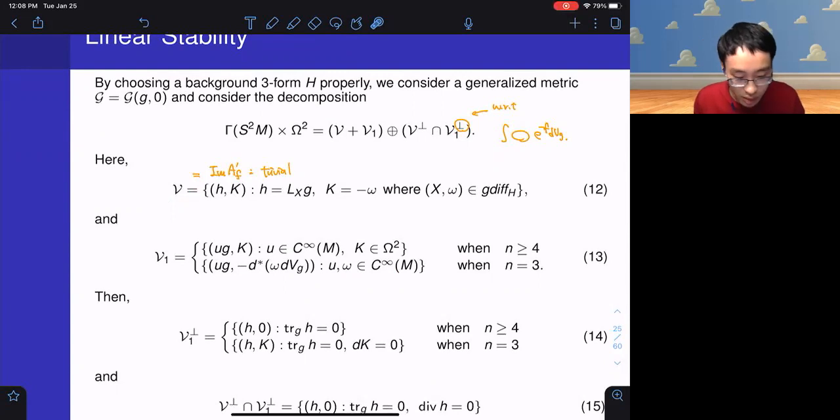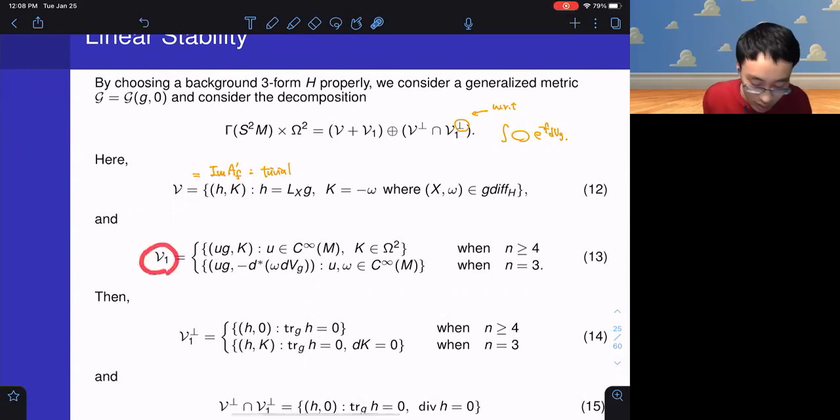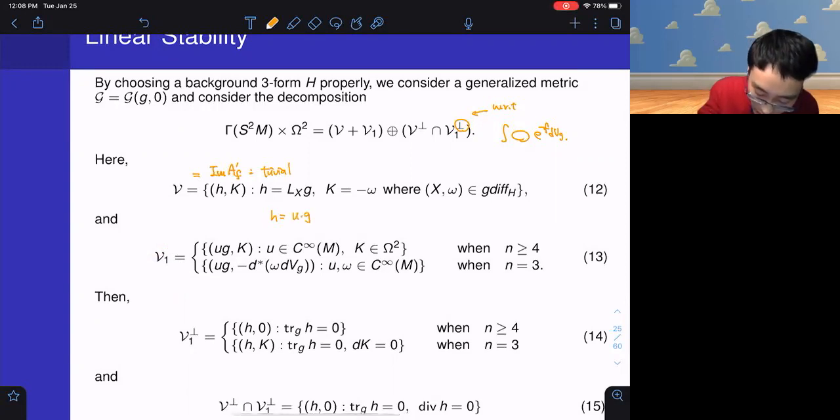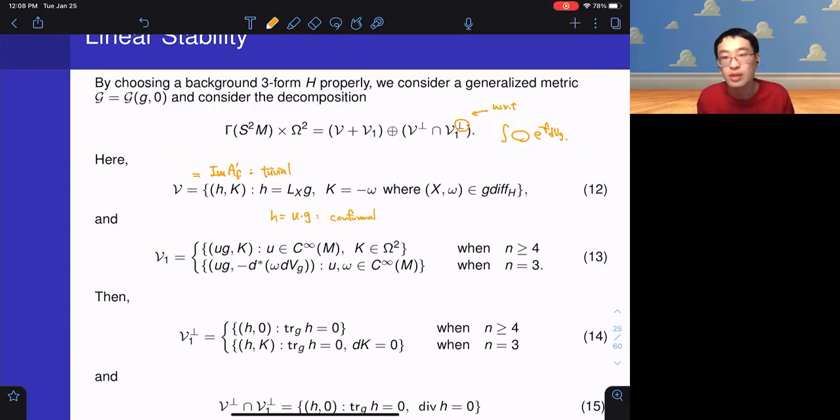To figure out the V1 part, I think it's intuitive from the previous case. If you have an arbitrary symmetric two-tensor and you want to decompose this space, the first thing you may want to try is to consider the conformal part.